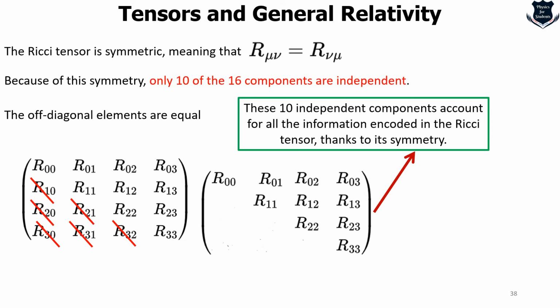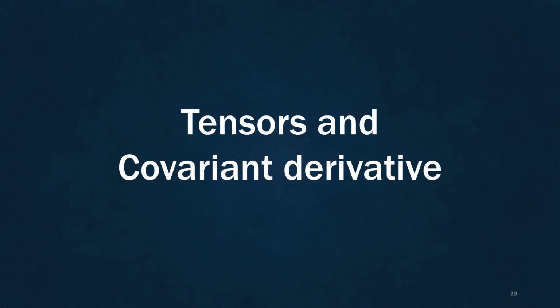So the off-diagonal components get cancelled out, and again the linear algebra comes up, and we just get the 10 components. And the same happens with the stress energy momentum tensor and the metric tensor. So you can very well understand how tensors are reducing those huge equations which would have been otherwise very tedious to write.